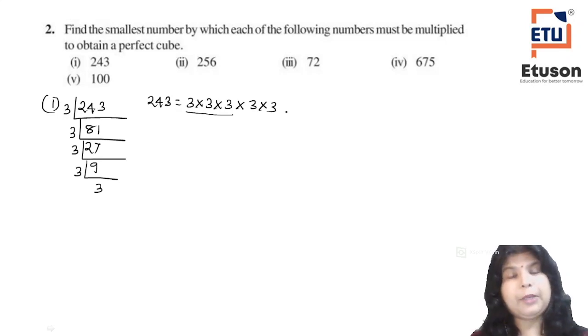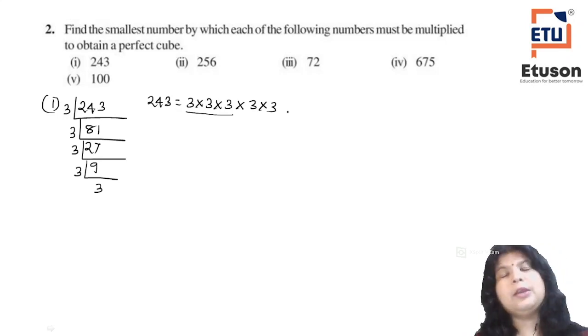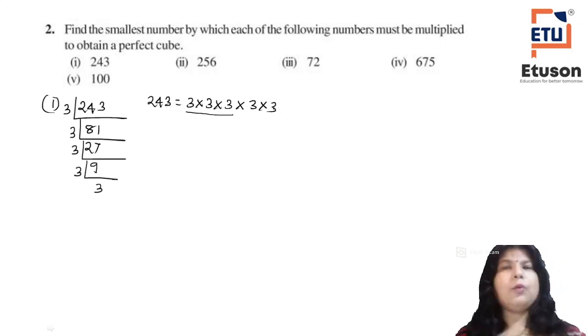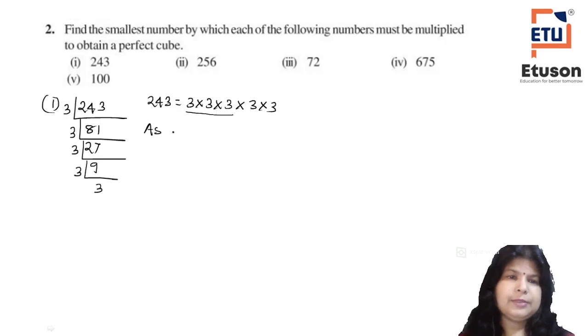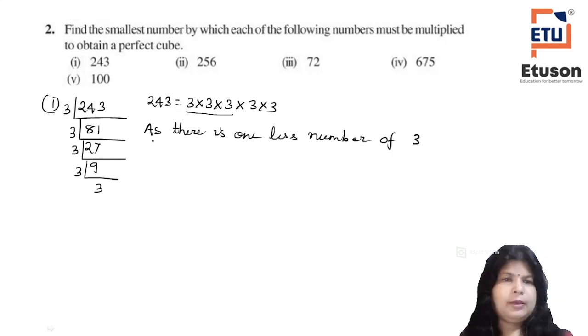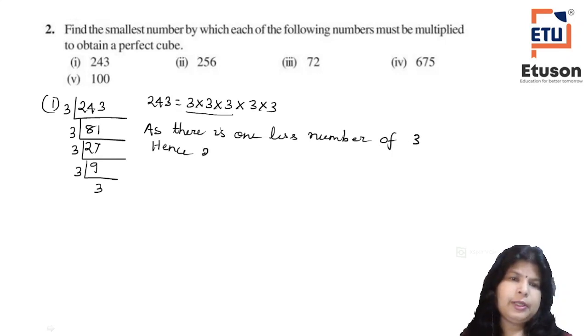The other triplet you couldn't form because there is one 3 less in that set. Right? So what you need to multiply? So you can just write down, as there is one less number of 3, hence 243 is not a perfect cube.